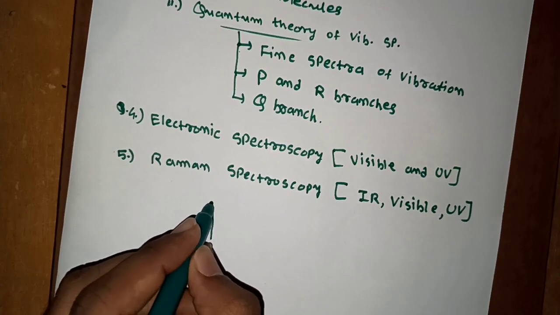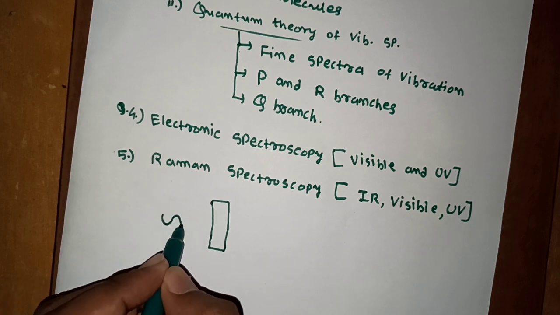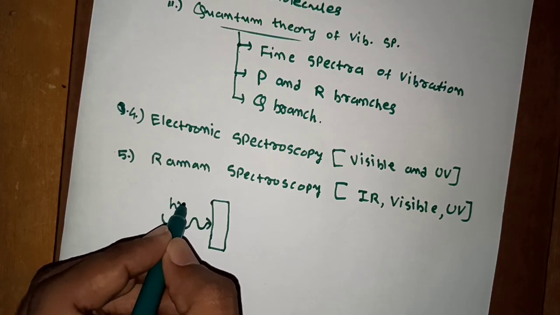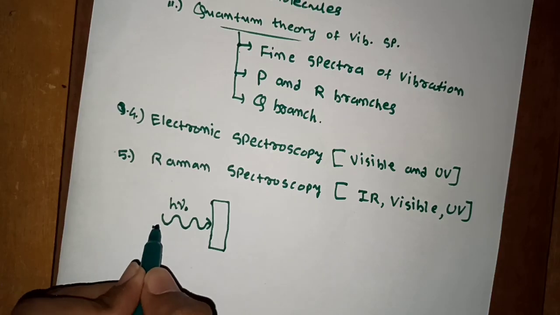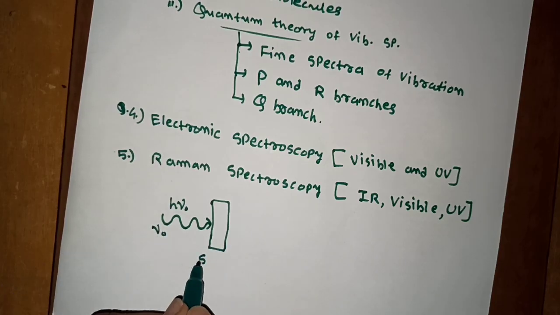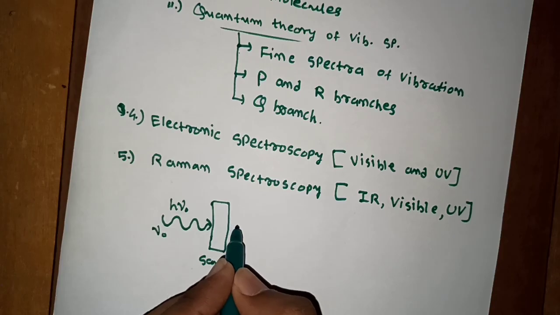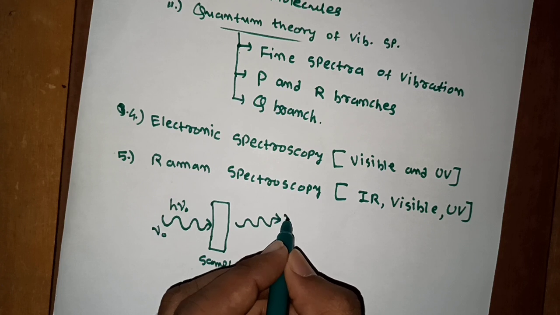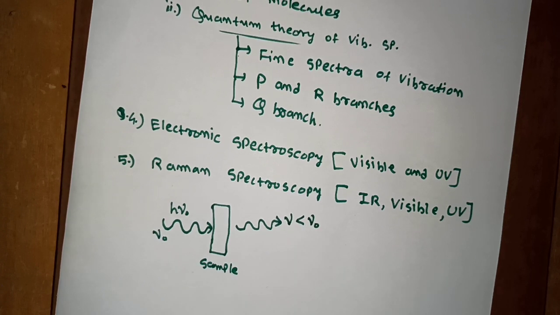Suppose I have a sample. Okay, I have this kind of sample and I am shining a photon or EM radiation of energy h nu naught. Okay, I apply a frequency nu naught on the sample. Then we are going to observe three kinds of photons with different frequencies. First, the frequency of the emitted photon is less than the frequency of the incident radiation.